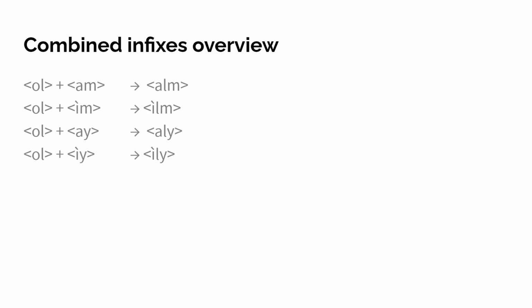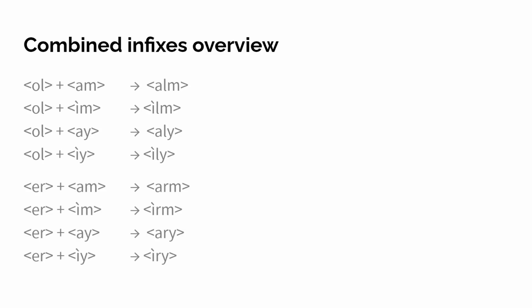First of all, we can of course combine all and with the tense infixes. So we get infixes that combine the meaning of both. So for example, all and literally, is just a combination that tells us an action happened in the past and an action is finished. At the same time, if I combine all and so, the perfective, the finished action, and the future tense, then it is something will have happened.